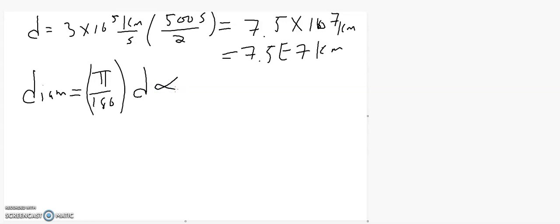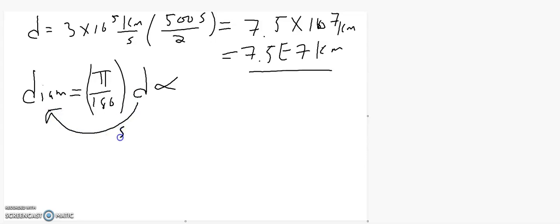All right. So that equation is in your textbook, in the first chapter, towards the end of chapter 1. At any rate, the important thing is that if you know the distance to the object, which we just calculated for this comet as 7.5 times 10 to the 7th kilometers, whatever the distance is, the diameter of the comet is going to be in the same units.